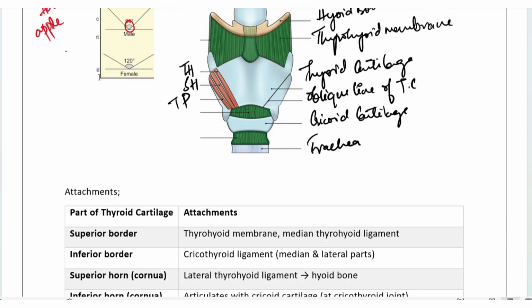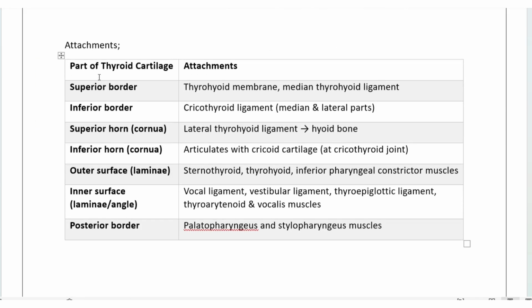Okay, now we will write about the attachments. Superior border attaches to the thyrohyoid membrane and median thyrohyoid ligament, inferiorly to the cricothyroid ligament. Superior horn or the cornua attaches to the lateral thyrohyoid ligament into the hyoid bone.